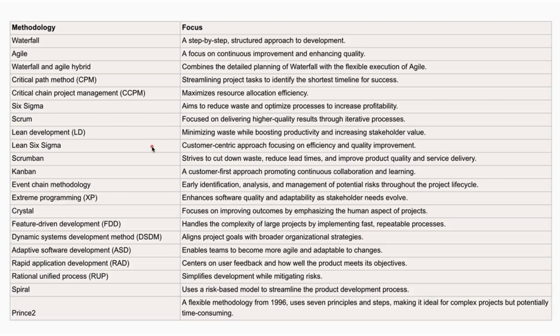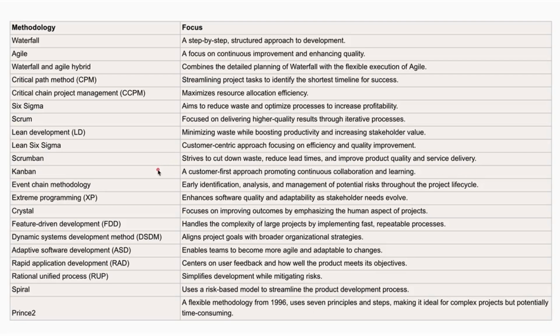And there's the lean sigma. So it's a combination of lean methodology and Six Sigma. And we got the Scrumban here. So I haven't mentioned Kanban, but it's a combination of Scrum and Kanban. So strive to cut down waste, reduce lead times, and improve product quality and service delivery.